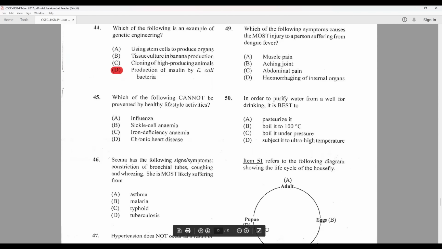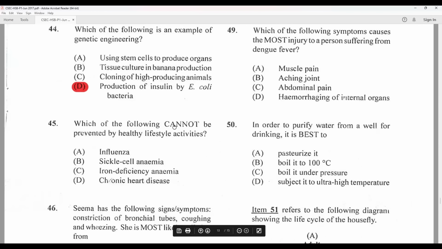Which of the following CANNOT, and notice those words in capital letters, be prevented by healthy lifestyle activities? Influenza, sickle cell anemia, iron deficiency anemia, or chronic heart disease. Influenza, you could prevent that.